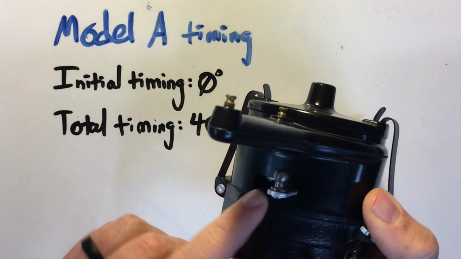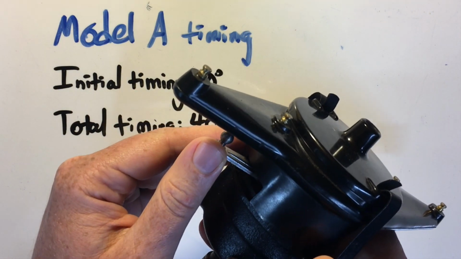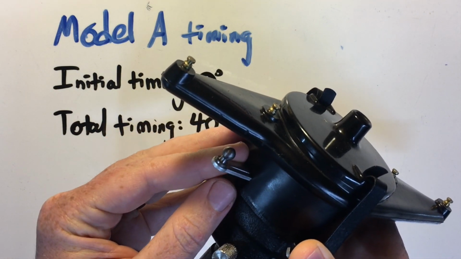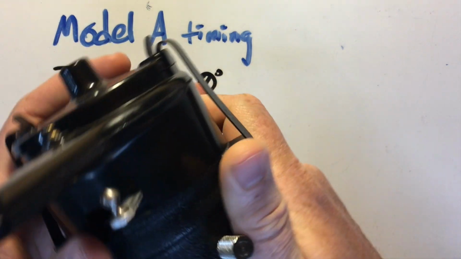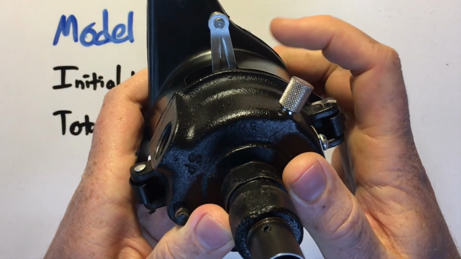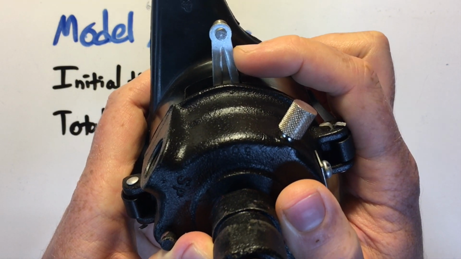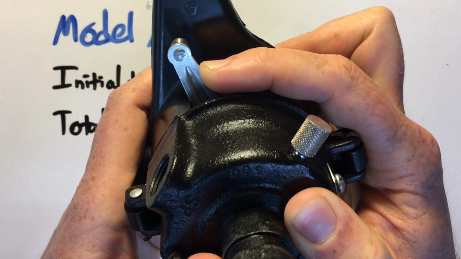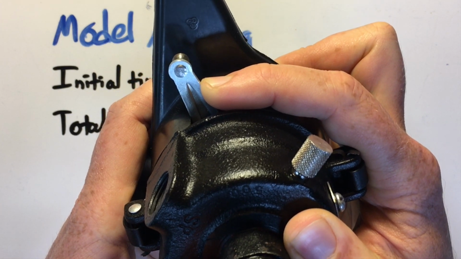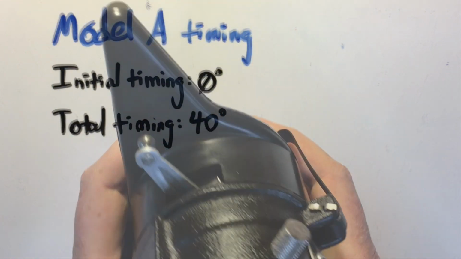And this allows the points to be advanced 20 degrees relative to the distributor cam from their initial timing of 0. So here they are. Might help if I hold it upside down. So here's the initial fully retarded timing at 0, and you can move it this far. That's about 20 degrees. That's the maximum possible advance.